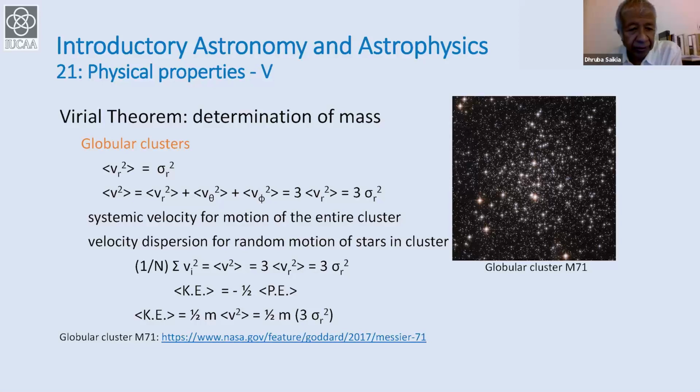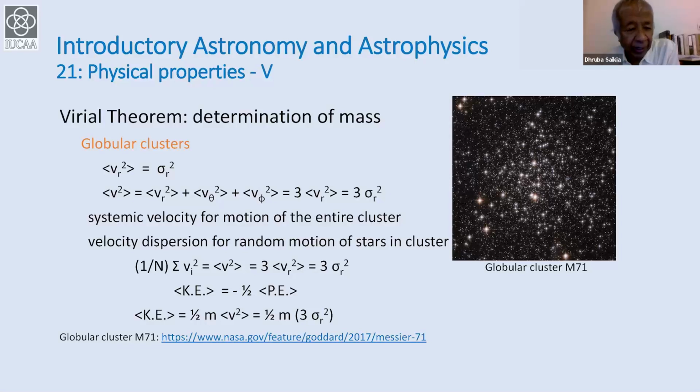Now, in a cluster such as this, the v_r squared, which is the velocities of the galaxies, would be roughly equal to the square of the dispersion in the radial velocities of these galaxies. There could be a systemic velocity as well, in the sense that the whole cluster could be moving.